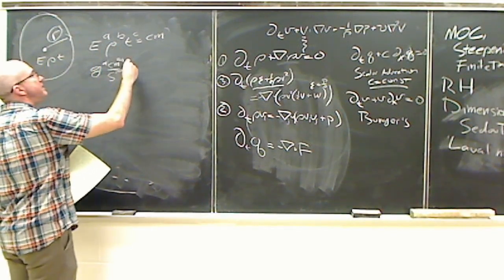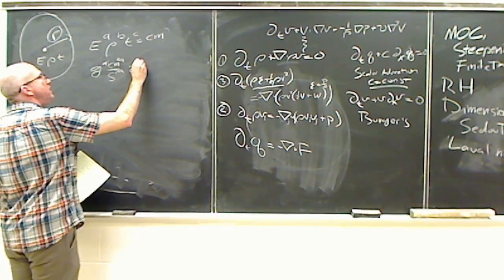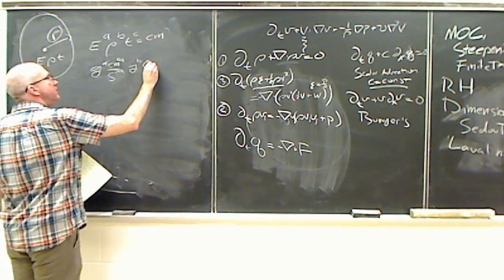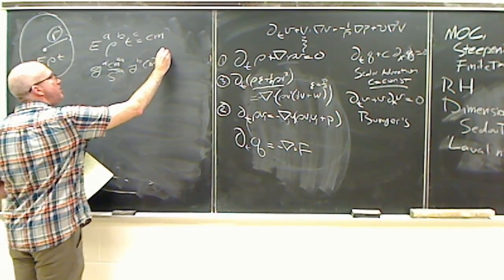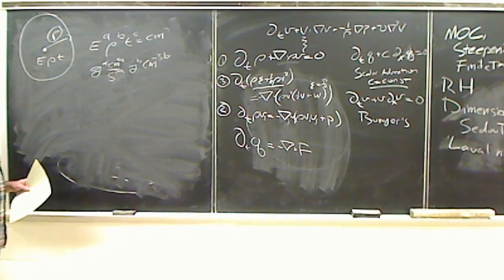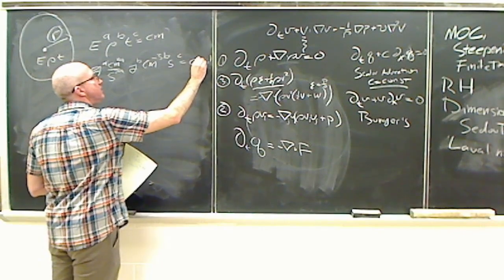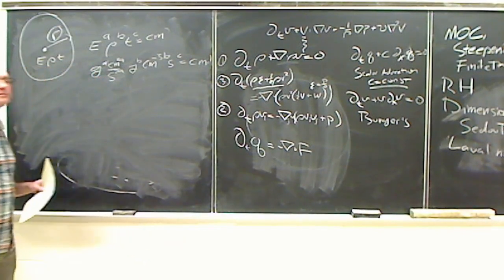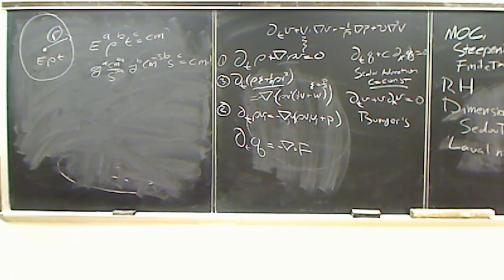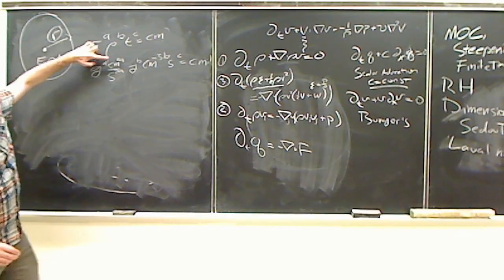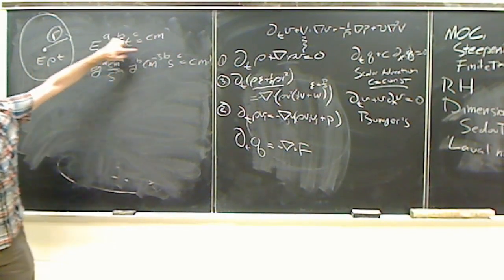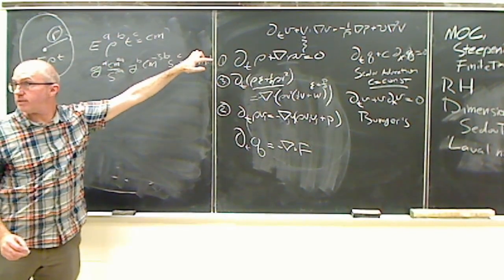And then density is going to be a gram to the B times centimeters to the minus 3B. And then time is seconds to the C, and this has got to equal centimeters. So what I've written down is 3 equations. Those 3 equations are all in the exponents. So now let's think about making the exponents make sense, because that's what's got to fit.